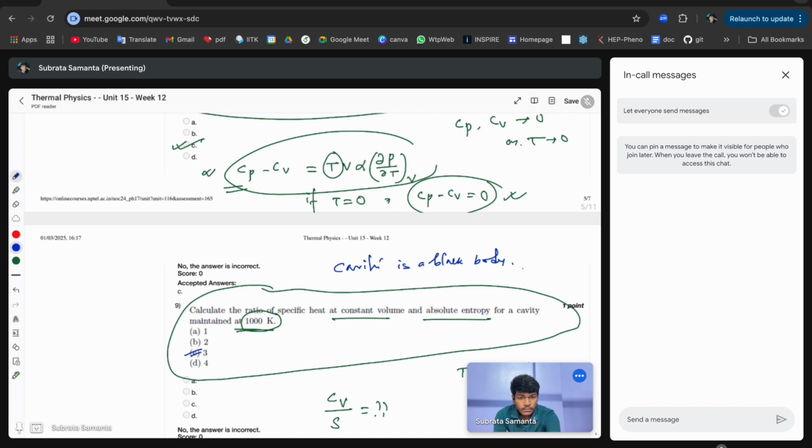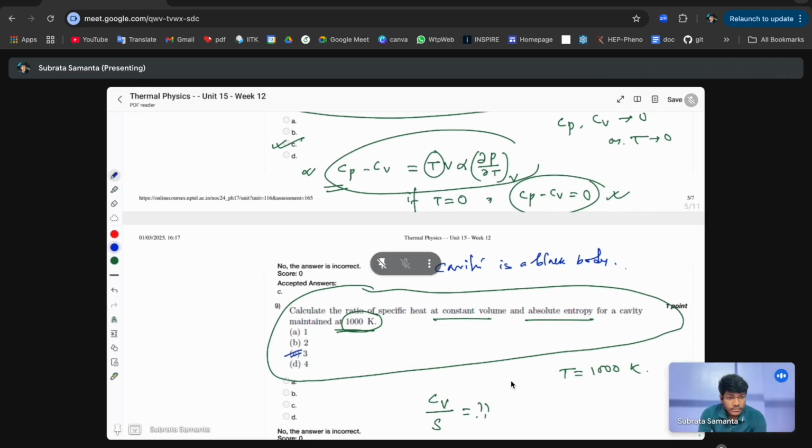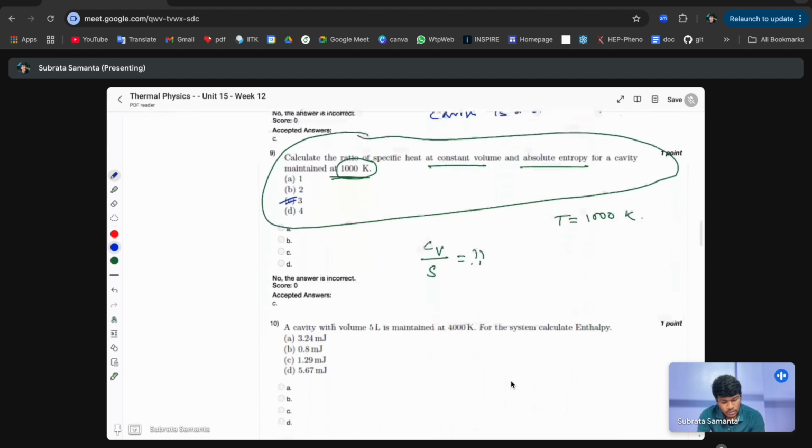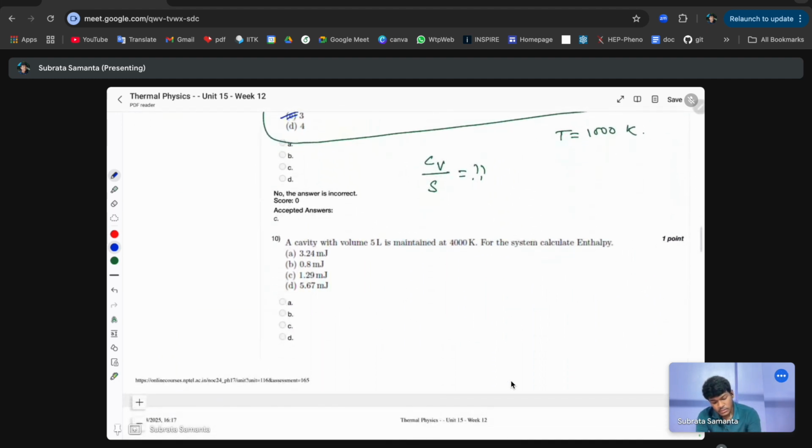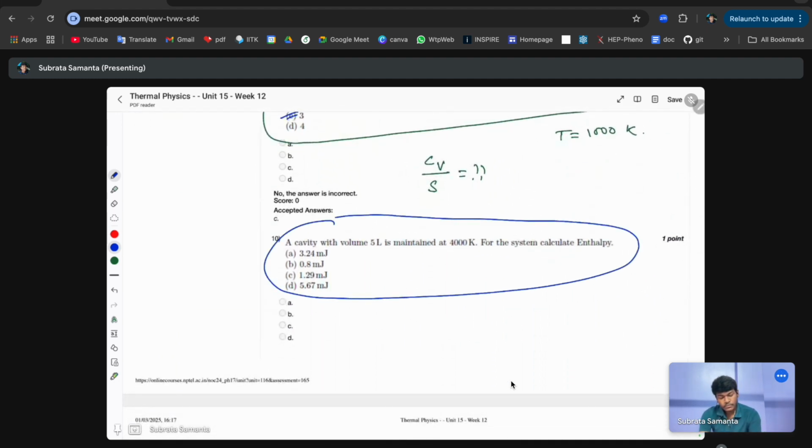Okay, no question. It seems that there is no question, so then I will move to the next one. A cavity with volume 5 liter is maintained at 4000 Kelvin. For the system, calculate enthalpy. So V is 5 liter.